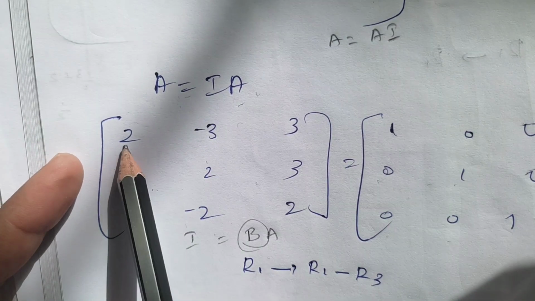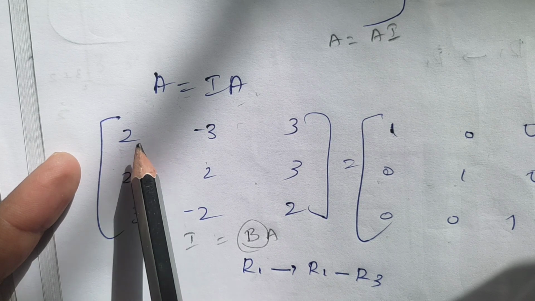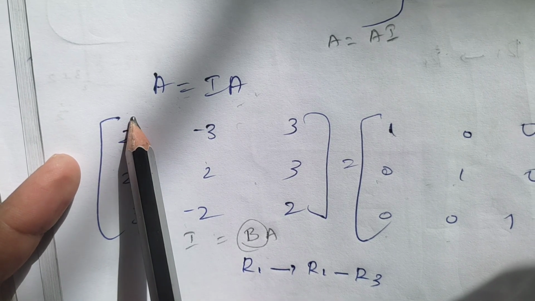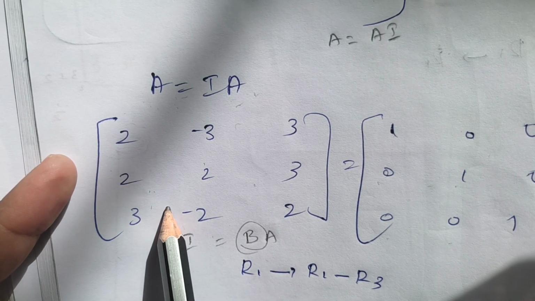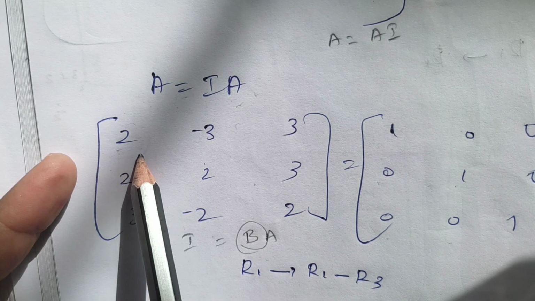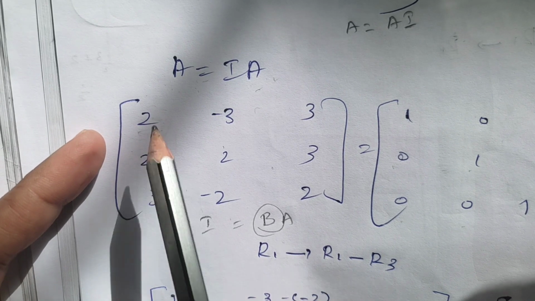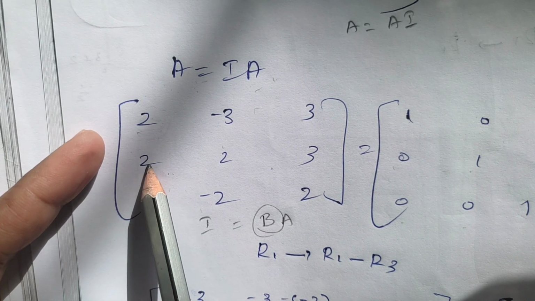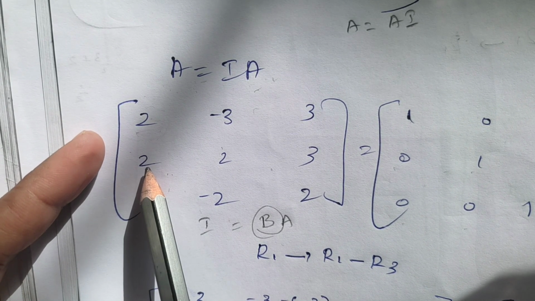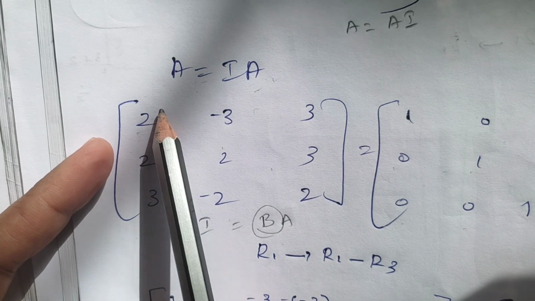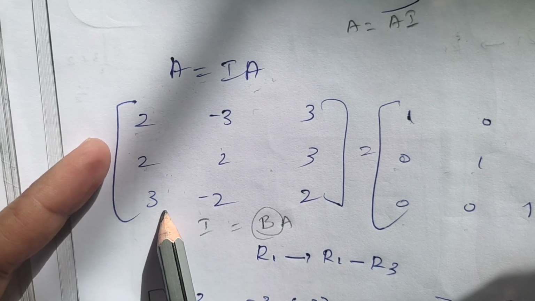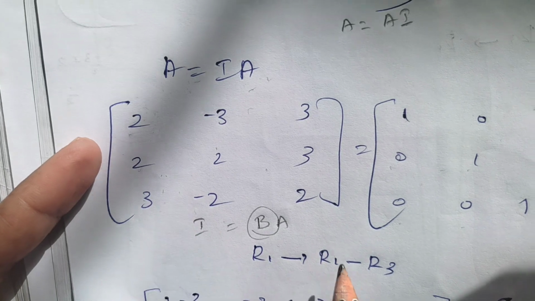The first step: the first element must be made 1 with the help of any other rows, or just by dividing itself we can make it 1. Here we are doing it with the help of R3, because if I do it with the help of R2, 2 minus 2 will become 0. So I am using R3, R1 minus R3.